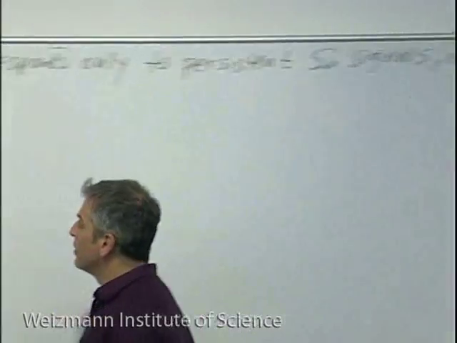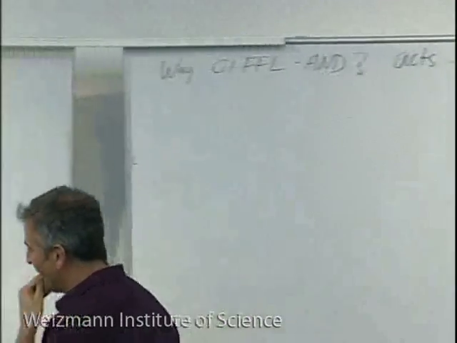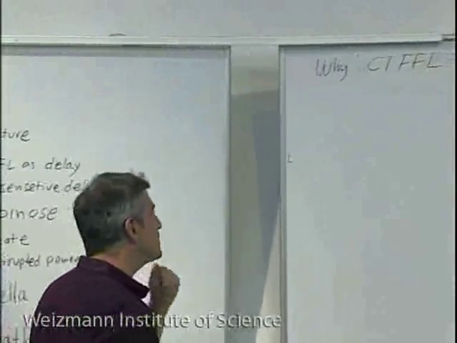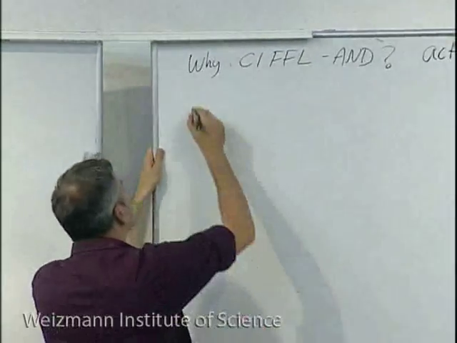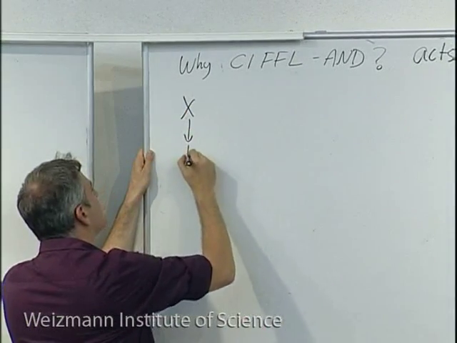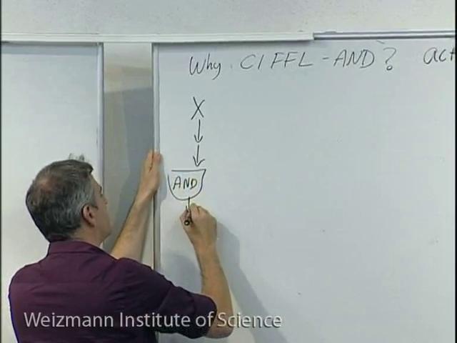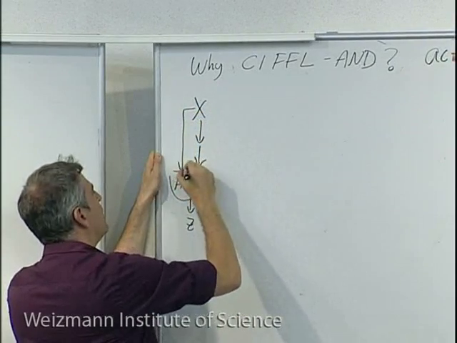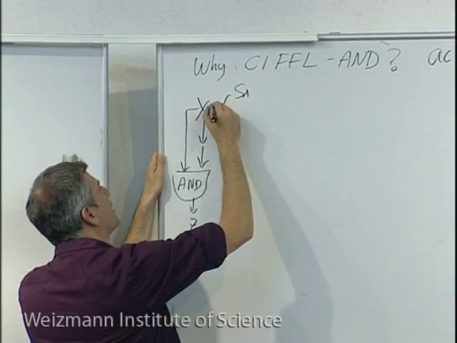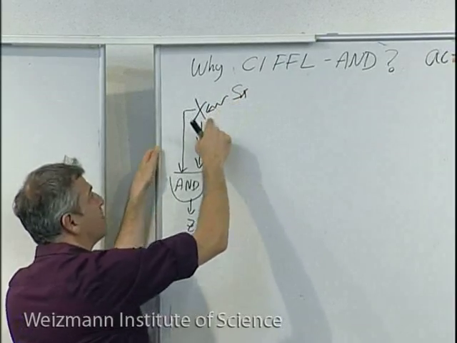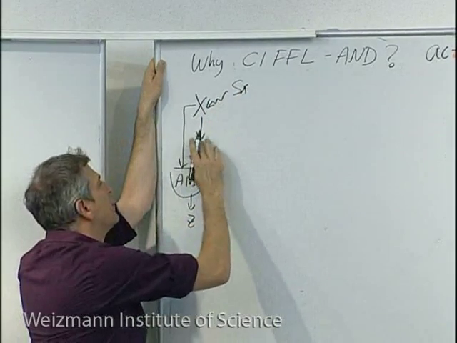So we're going to do the following. The circuit we're dealing with here is the coherent type 1 feed-forward loop with AND logic, because we need to start somewhere, right? And we notice that there's a signal, SX, that activates X. I forgot to write Y here.